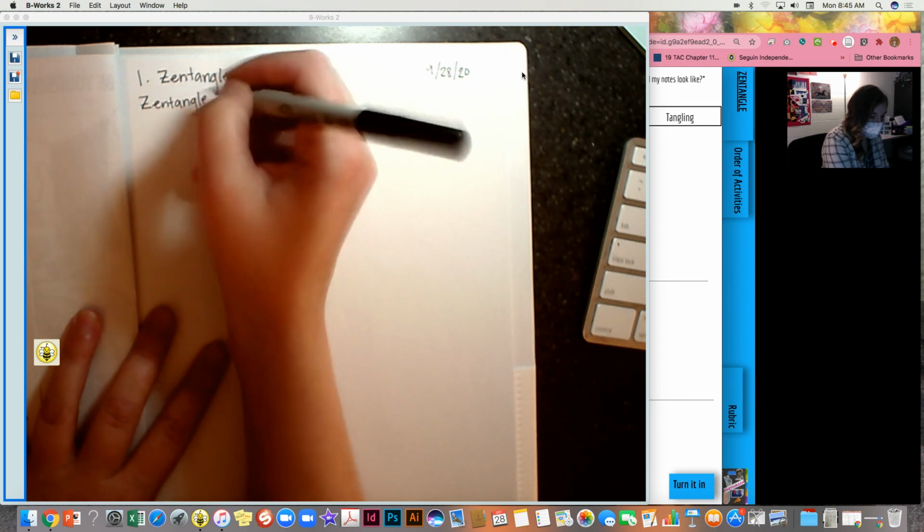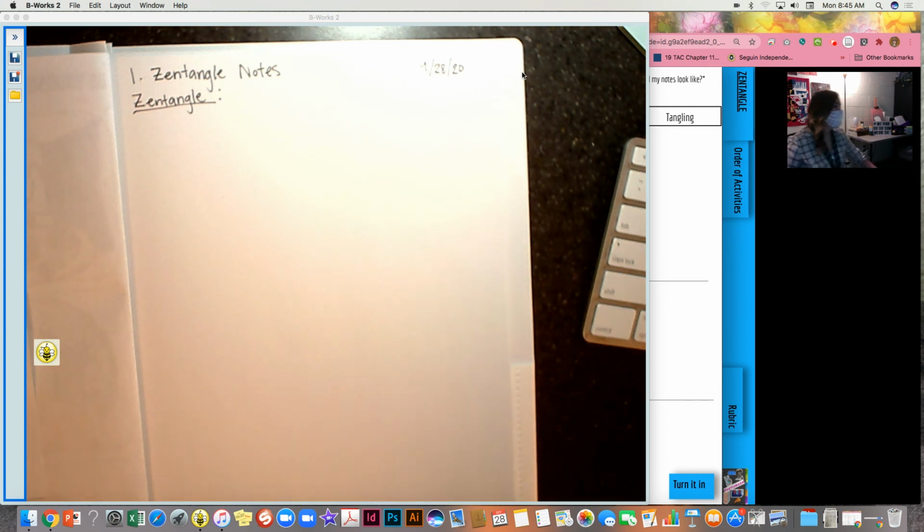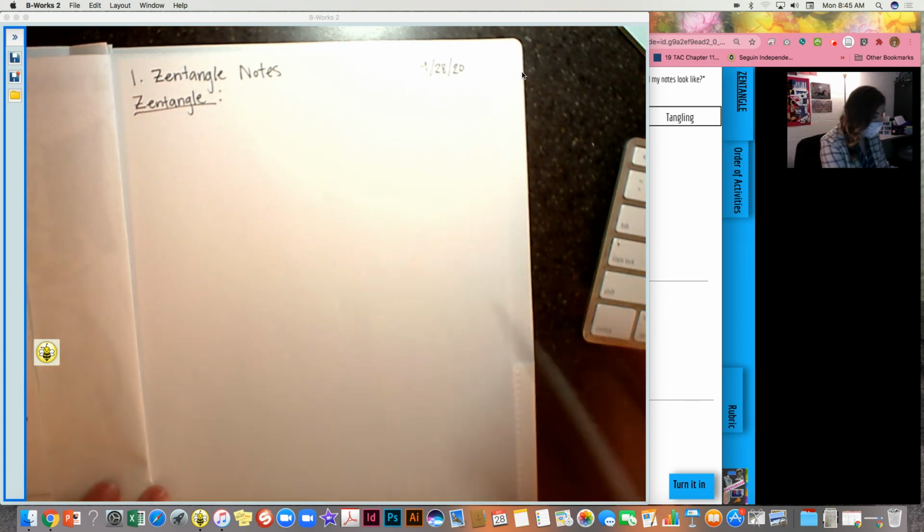Zentangle is actually a trademark. So it's a brand name for this method that we're going to use. Okay?